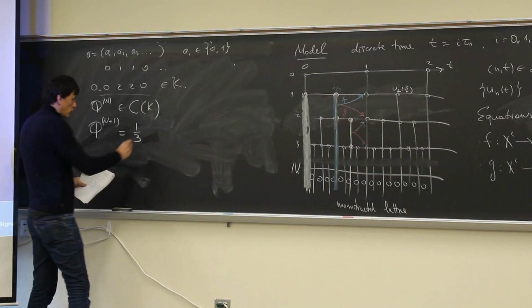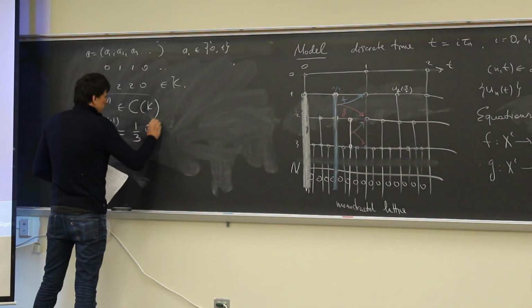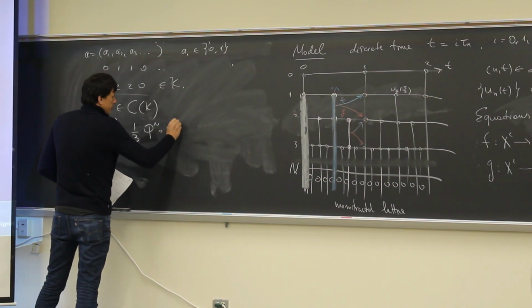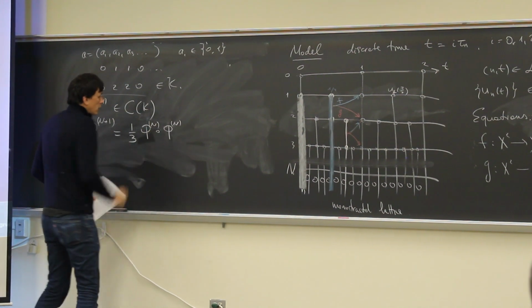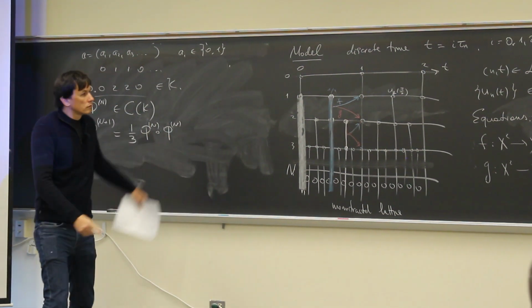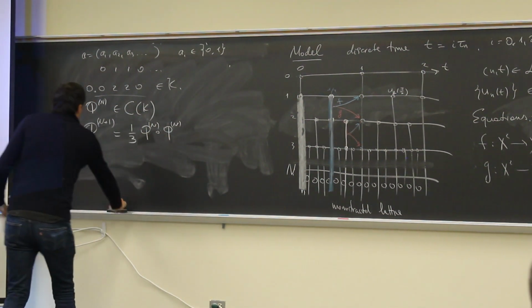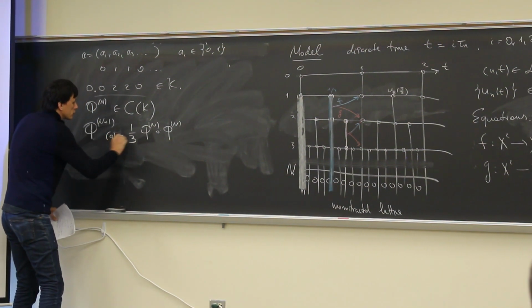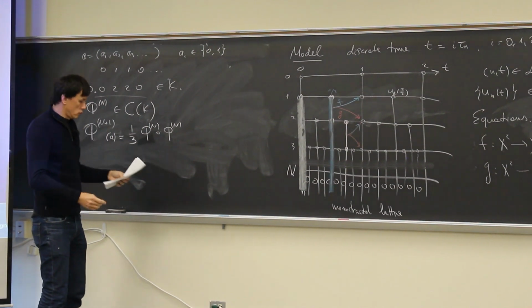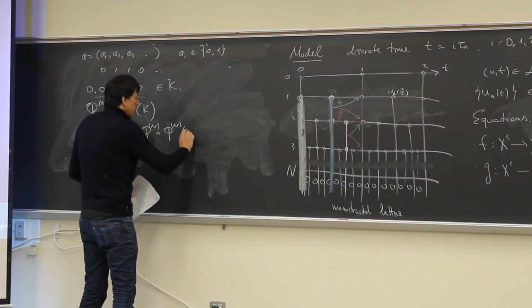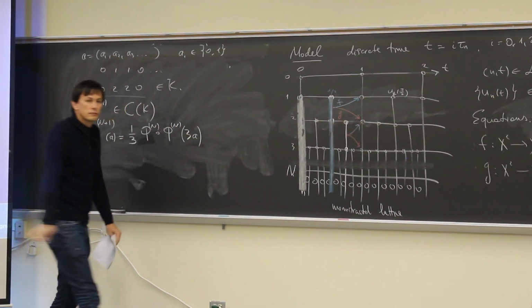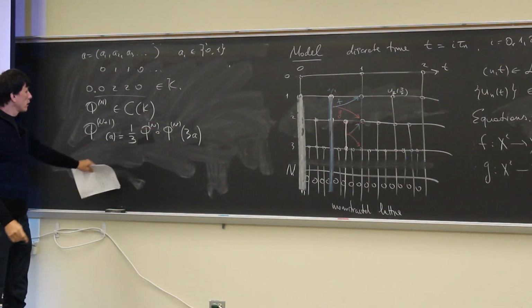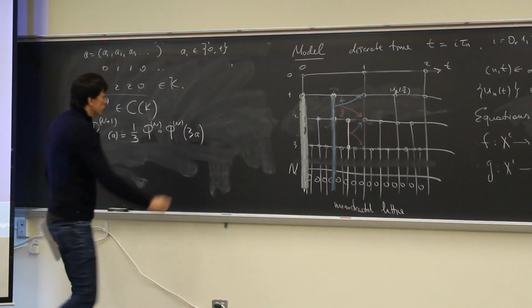And then we take Cn by Cn. This is a function of a number on a Cantor set. And then we have to shift up, which means 3a. And we have to add one more function.